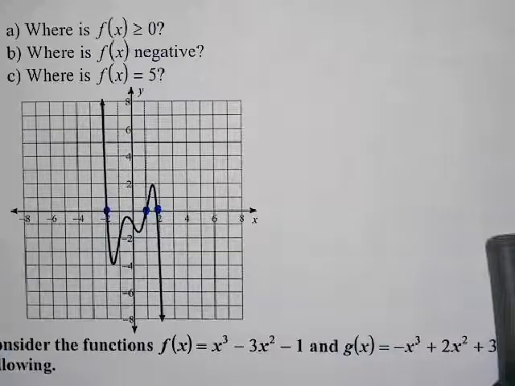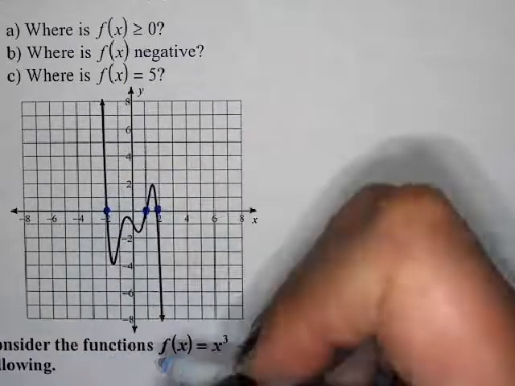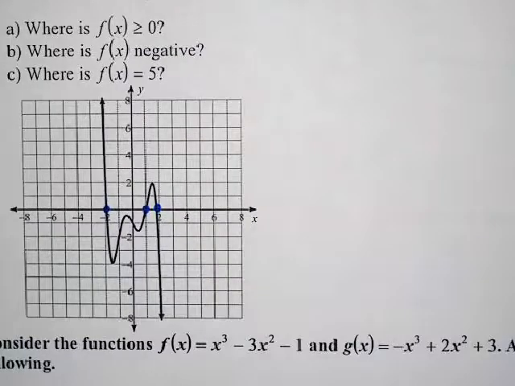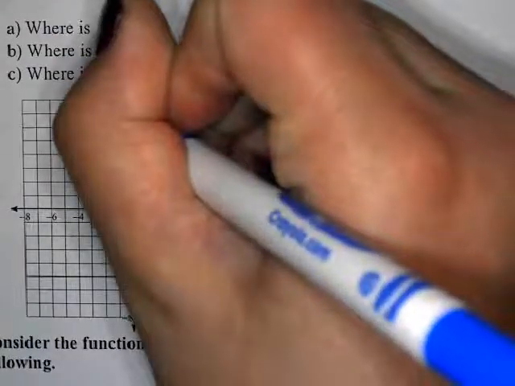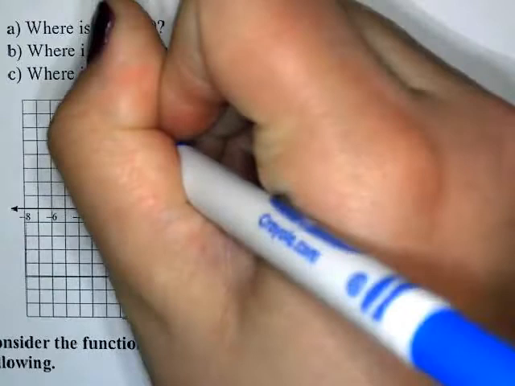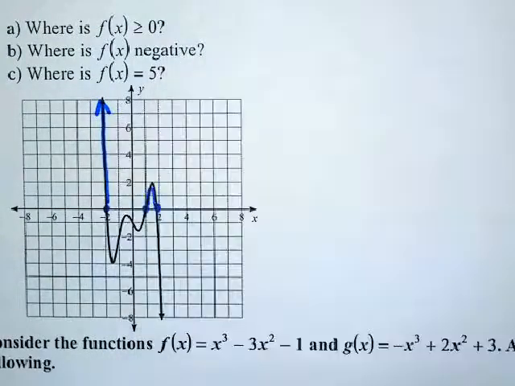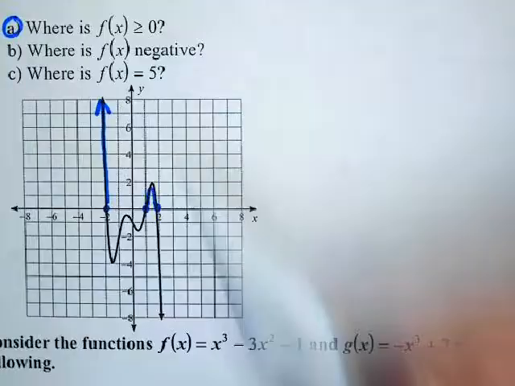Okay, so y equals 0 at the x-intercepts, and then y is bigger than 0 above the x-axis or below the x-axis? Above. This is where all the positive y values are. So above the x-axis, so blue is where the answer is for part A.